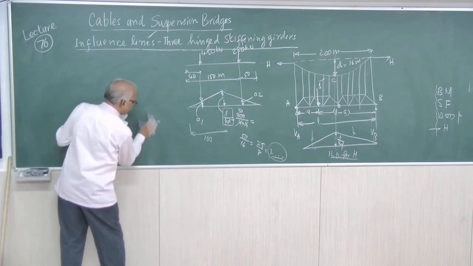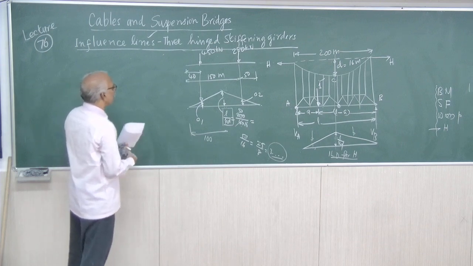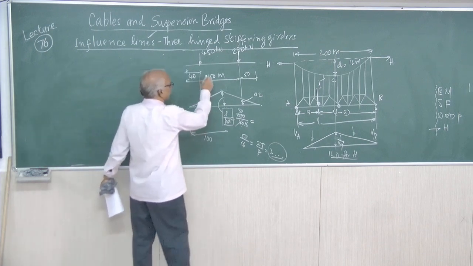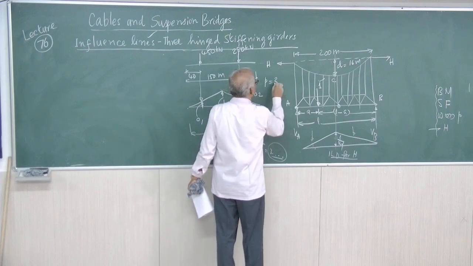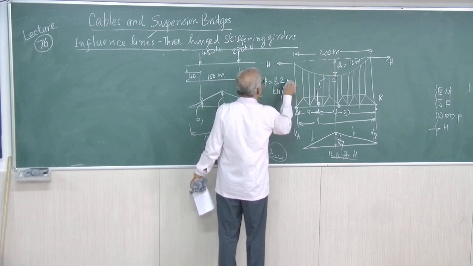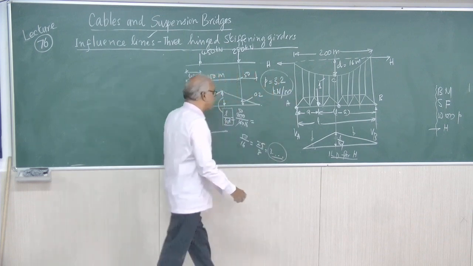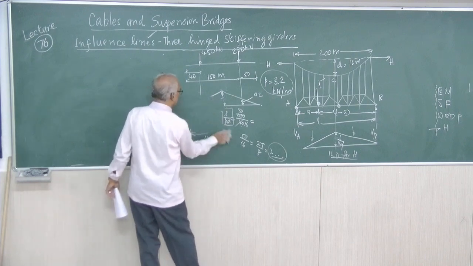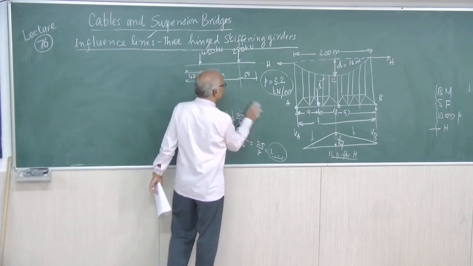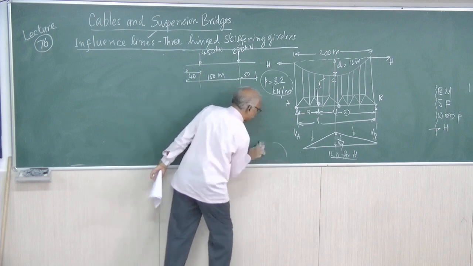Now, due to the same load and the same span, we have got the UDL equal to, towards the end of the problem, we have done it, 3.2 kilonewton per meter. So now we will get the ILD for the UDL, and then how to use it for this problem.